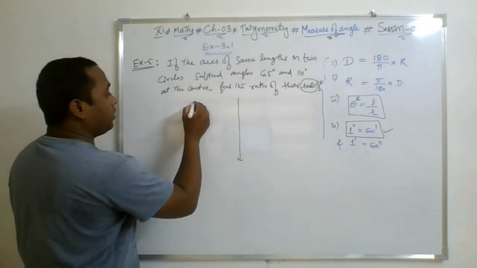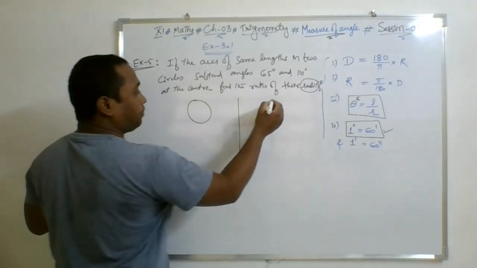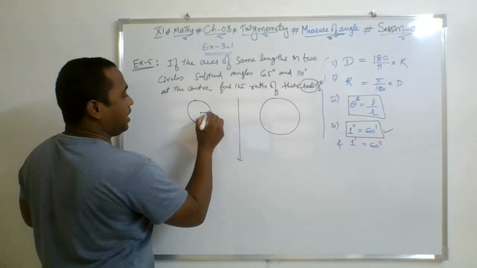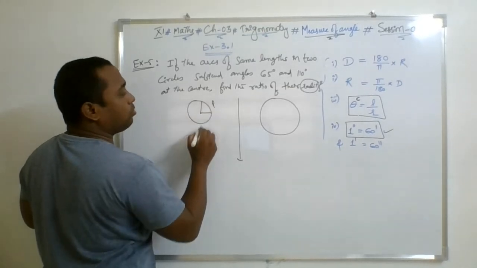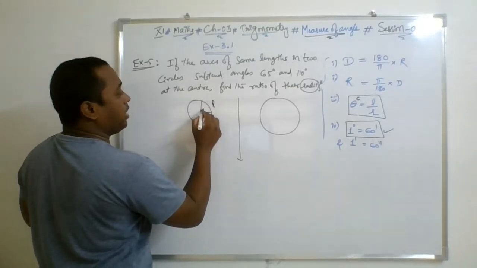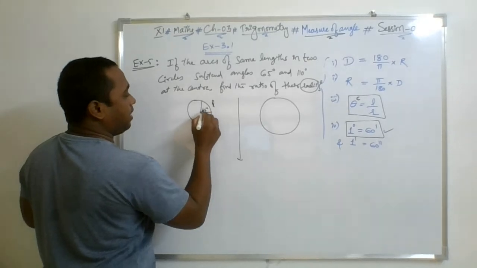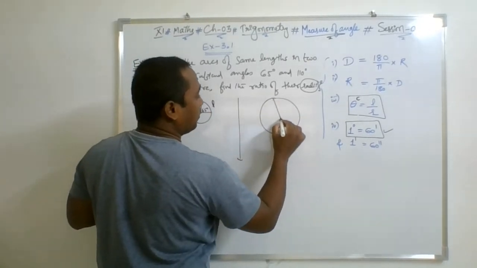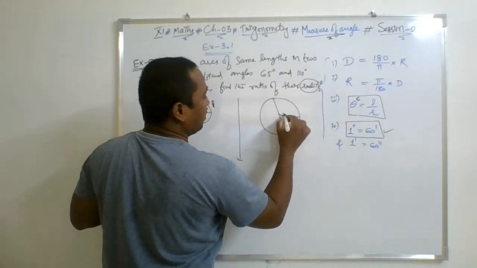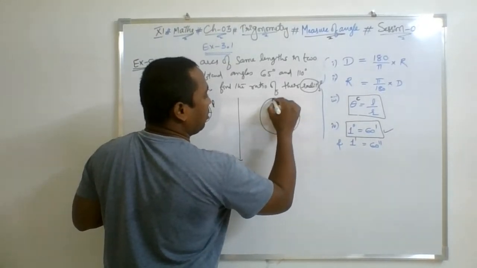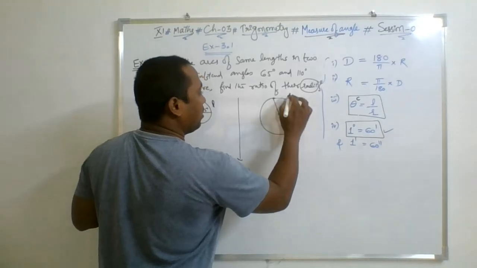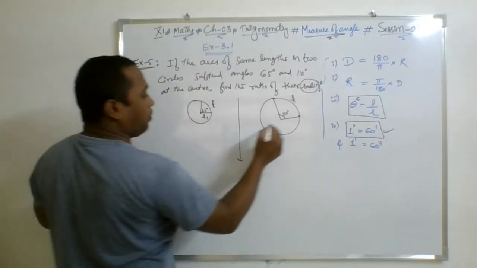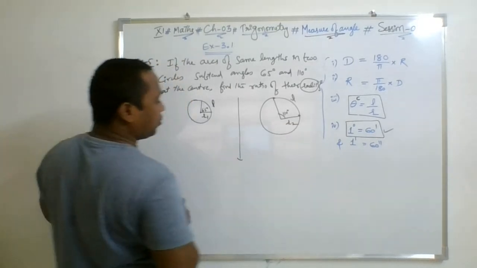So first of all, there are two circles. Here the angle subtended by the arc of length L is 65-degree, and here it is 110-degree, with the length remaining the same. Here the radius is R1, here the radius is R2.